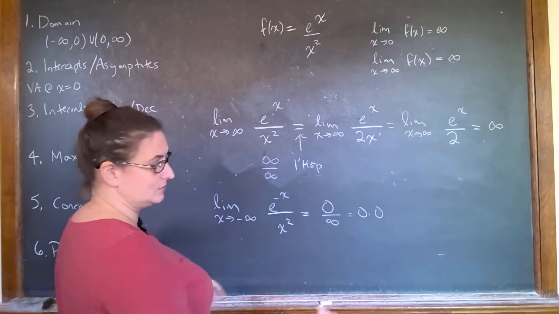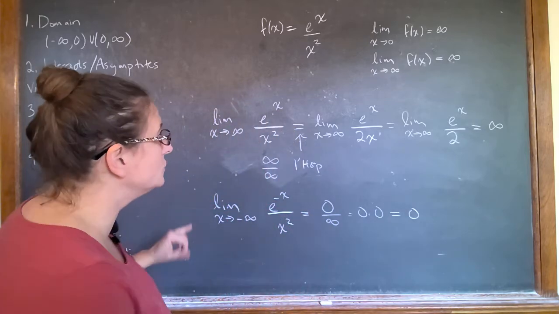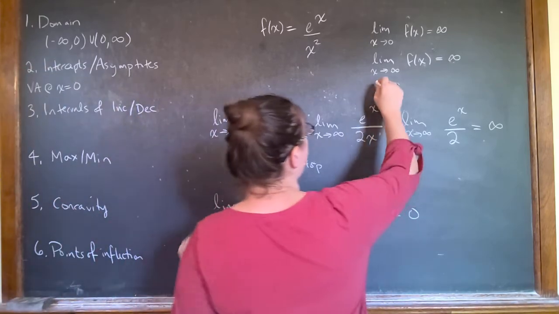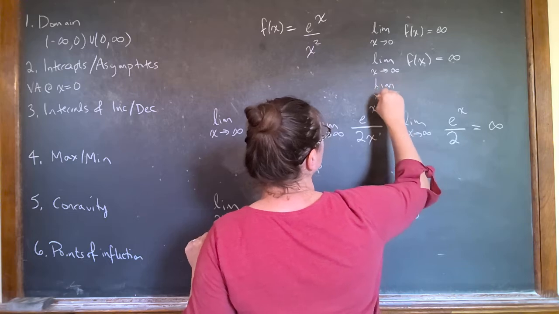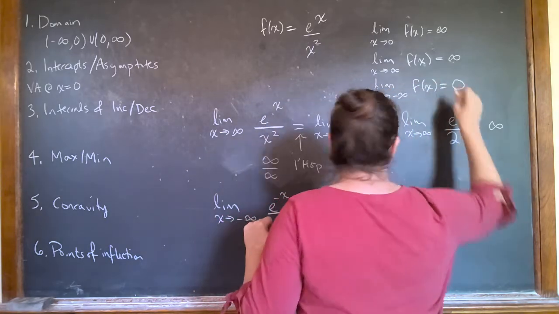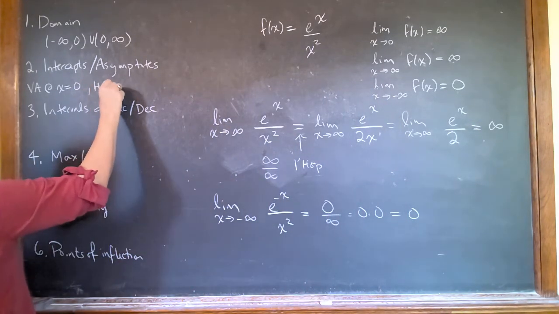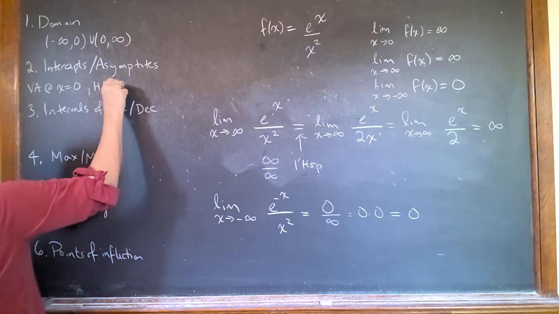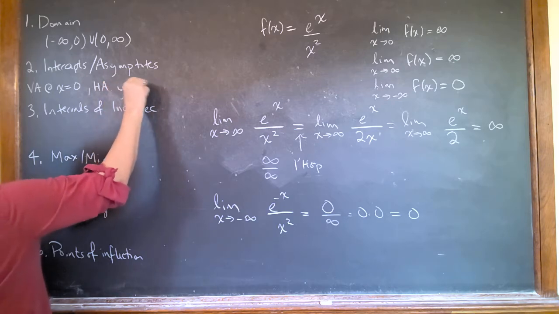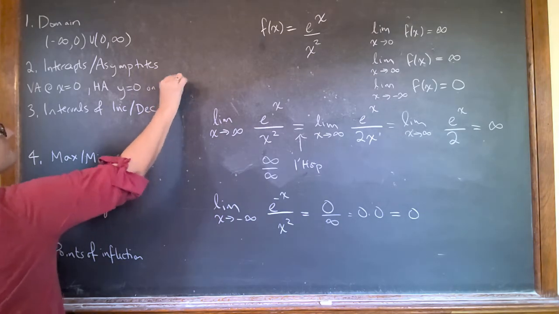Because 1 over infinity is going to be 0. So this is just going to go to 0. So I do have a horizontal asymptote on the left, but only on the left, not on the right. And that's because it's e to the x. Horizontal asymptote, y equals 0 on left.